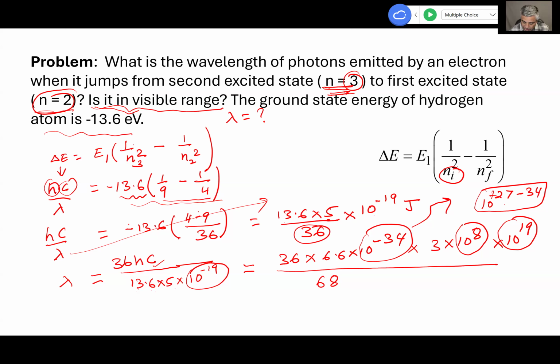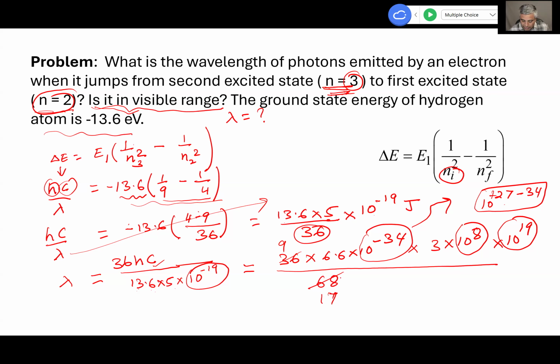Now, how about the numbers? Let's see if we can get rid of some of these. So 4 times 9 is 36. 4 times 1 is 4, and 4 times 17 looks like that.